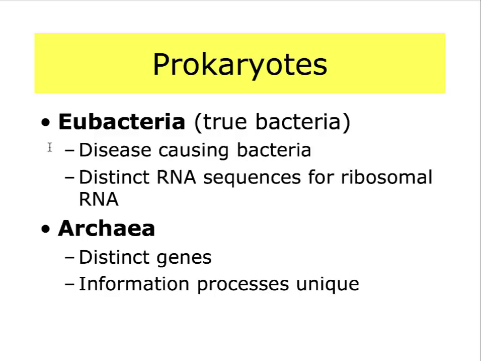In particular, the discriminating feature that allows us to classify living things as eubacteria or archaea is centered around some very simple biochemical comparisons. So the key discriminator is the structure of ribosomal components.